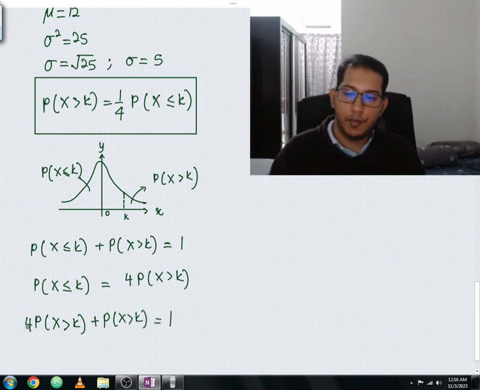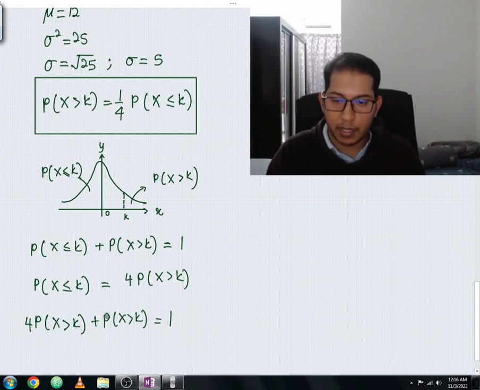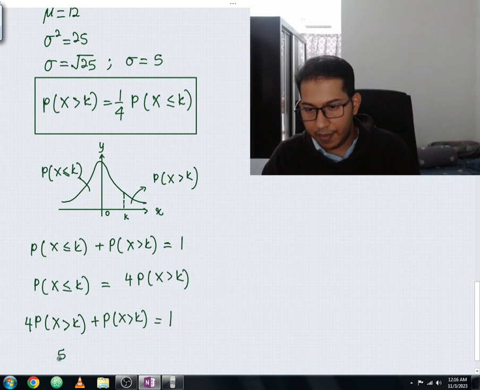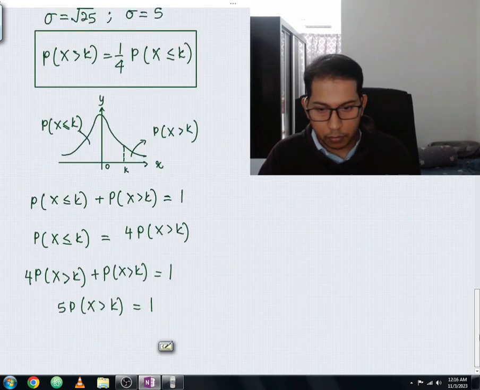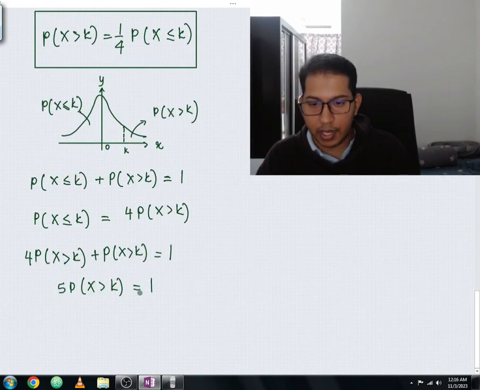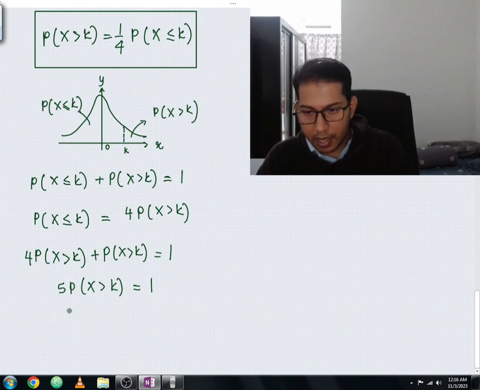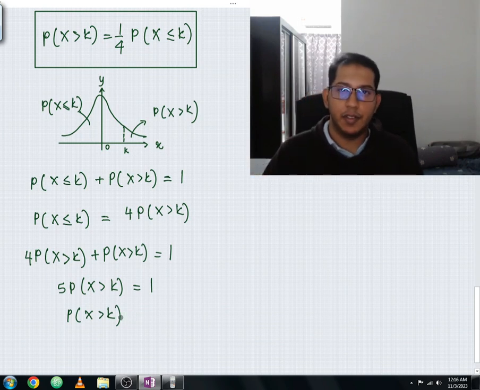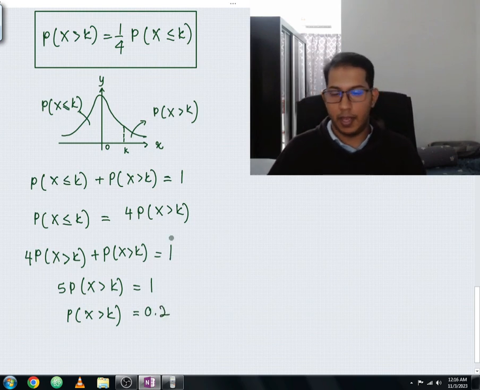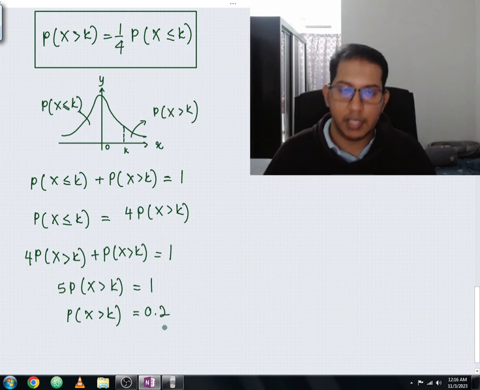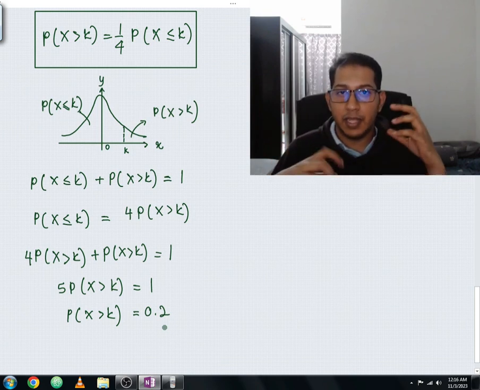So you get 5 times the probability x more than k is equal to 1. So 5 P(x more than k) is equal to 1, and to find the probability x more than k, it will be equal to 1 over 5. 1 over 5, when you convert it into decimal, is equal to 0.2. So this 0.2 is the area under the graph, which is the probability value.